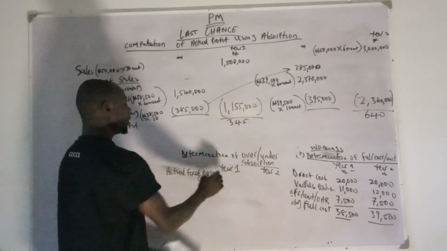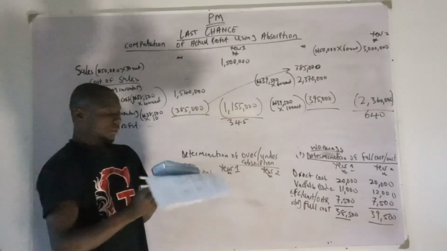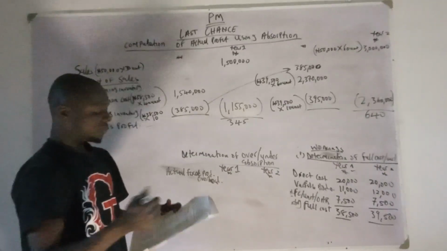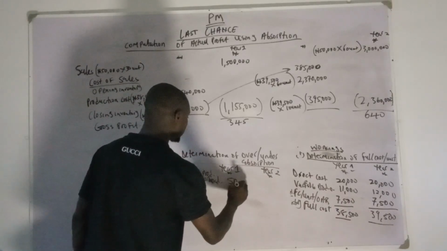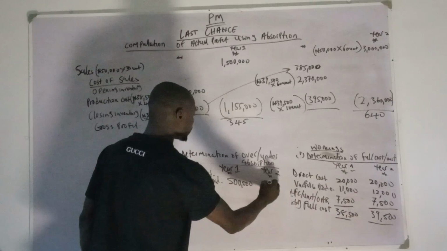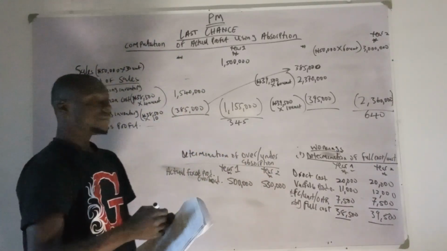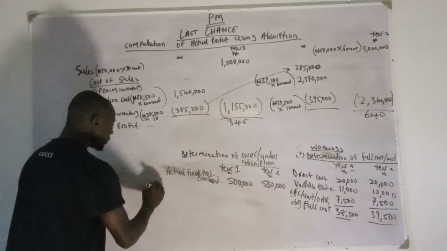So what is the actual fixed production overhead? Actual fixed production overhead, 500, 530. Right? 500, 530. Now, what is the overhead absorbed?